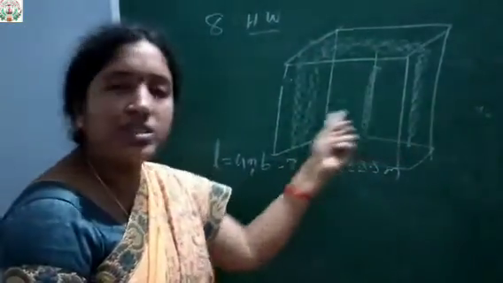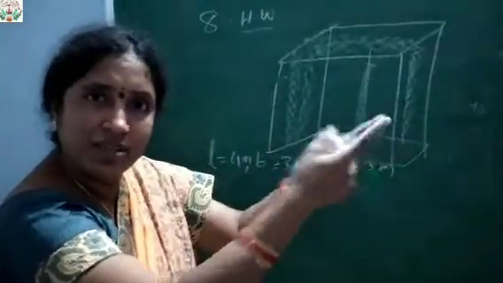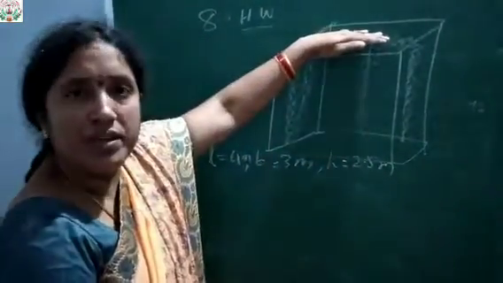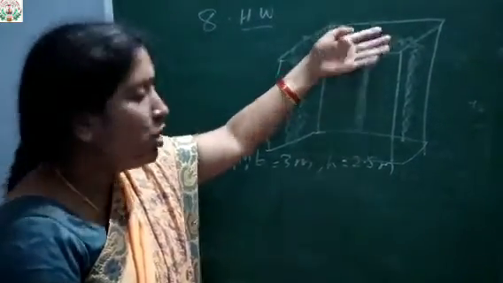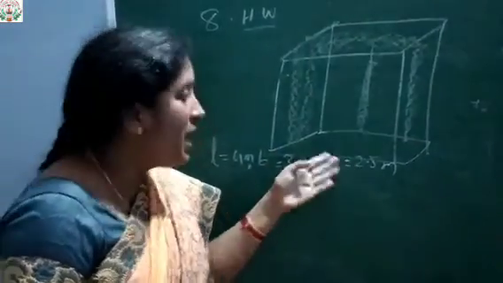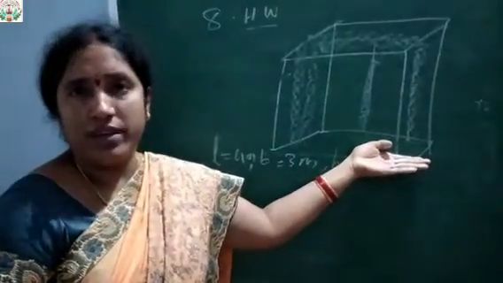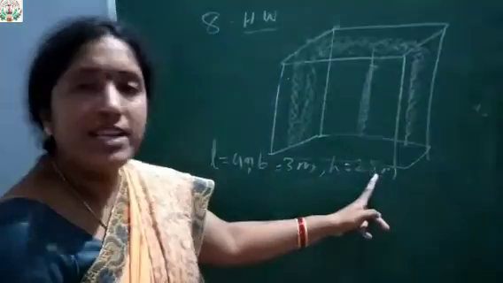Either find first the lateral surface area, that means all the 4 sides are covered, and the top area. So lateral area plus top area, that is the rectangle one. Or you can do total surface area, that means including the bottom, minus the bottom area. Clear? L is given, B is given, H is given.